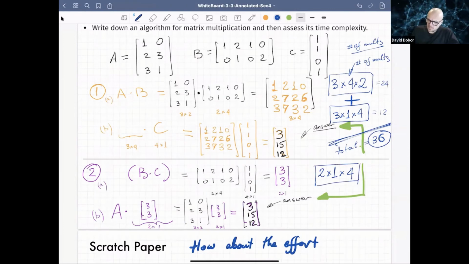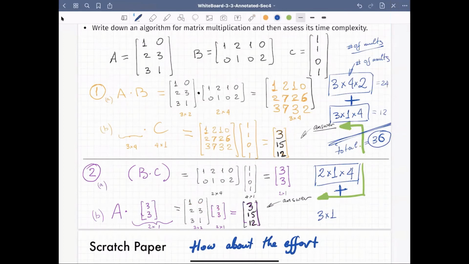Once I've carried out that many multiplications, 2 times 1 times 4 multiplications, I had to carry out another 3 times 1 multiplications here. 3 times 1 vector. Each one of these 3 times 1 entries I computed by doing how many multiplications? 2. 2 multiplications.